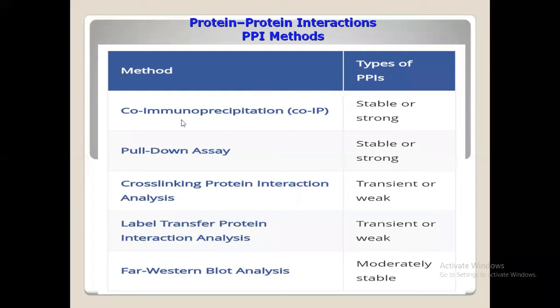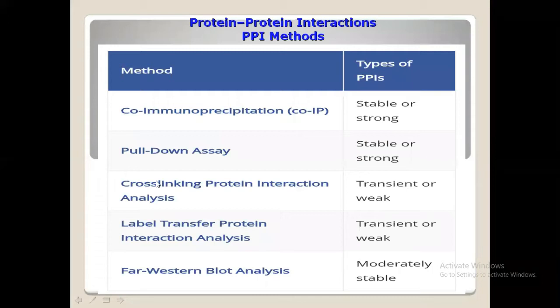One method is co-immunoprecipitation, co-IP. What type of protein-protein interaction can be studied using this method is given in the next column. Stable or strong interactions can be studied using co-IP.